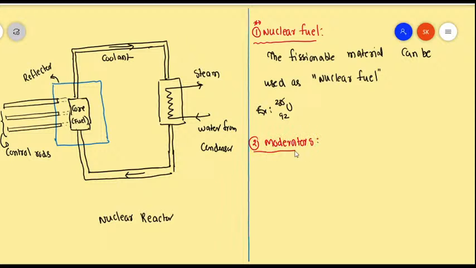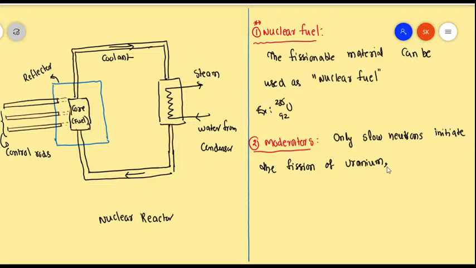One thing you remember: in the chain reaction, when a neutron bombards the uranium and the uranium undergoes fission, only slow neutrons initiate the fission of uranium. Fast moving neutrons do not cause the fission. Only slow neutrons can cause the fission.